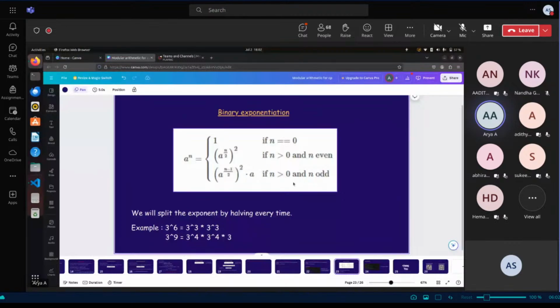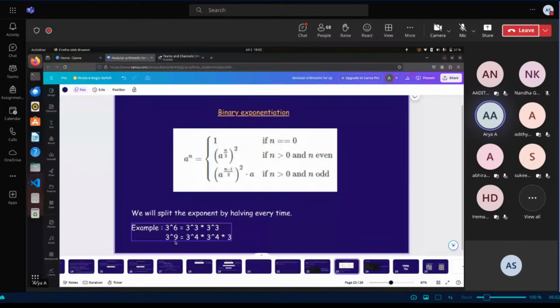We will split the exponent by multiplying half to the exponent every time. For example, 3 power 6 is written as 3 power 3 into 3 power 3, and 3 power 9 is written as 3 into 3 power 4 into 3 power 4.